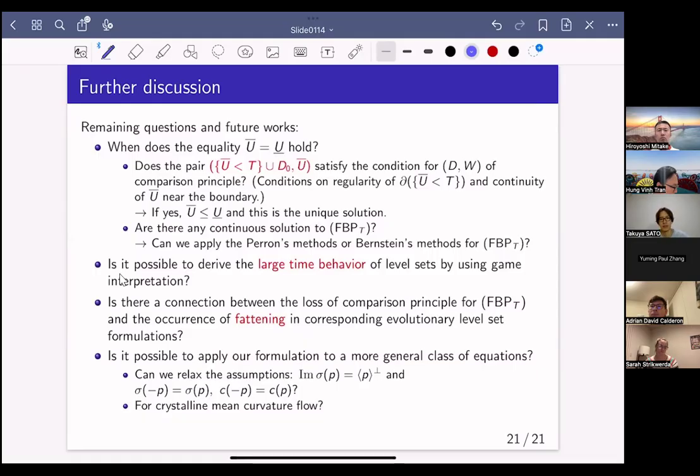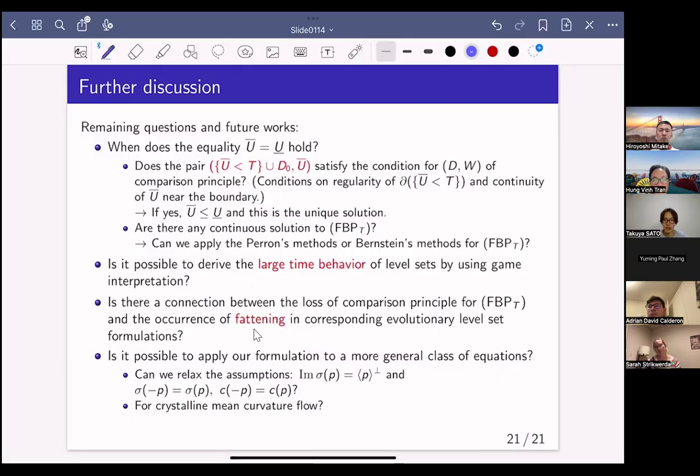Moreover, if the well-posedness is satisfied under some condition, then is it possible to know the large time behavior of the level sets by using this game representation?